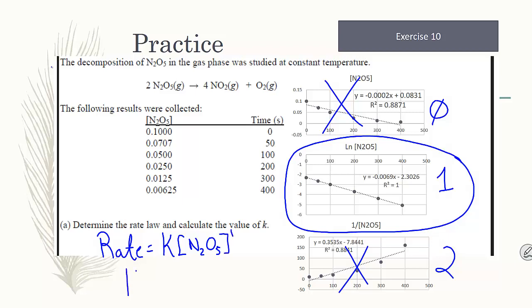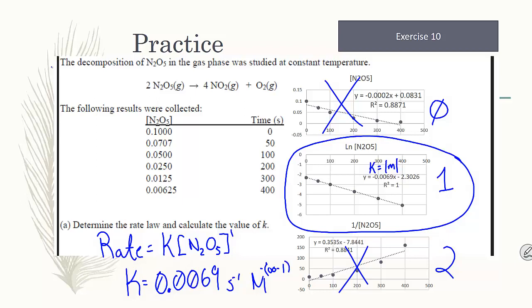The value of K is simply the absolute value of the slope. So the value of K here is 0.0069. Our units of K are always time in the reciprocal, so time to the -1, so seconds to the -1, and then molarities to the negative overall order minus 1.